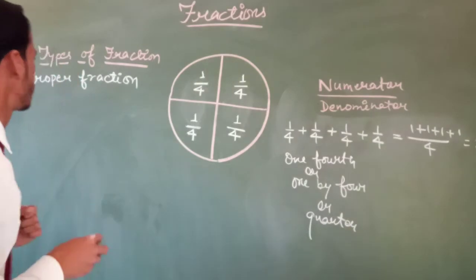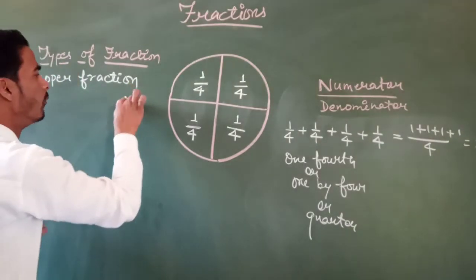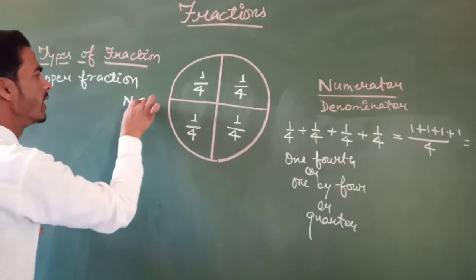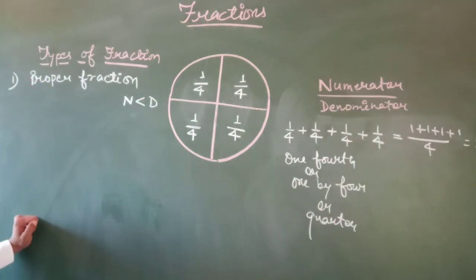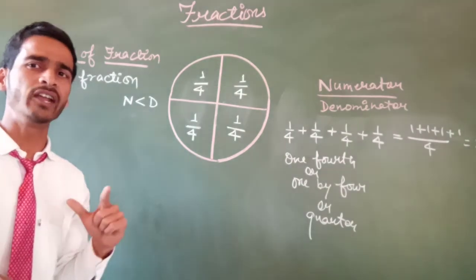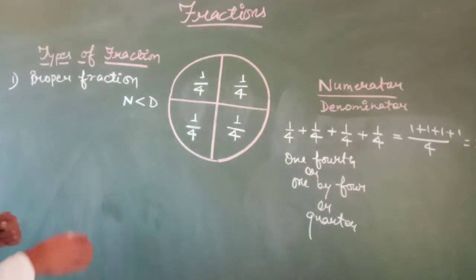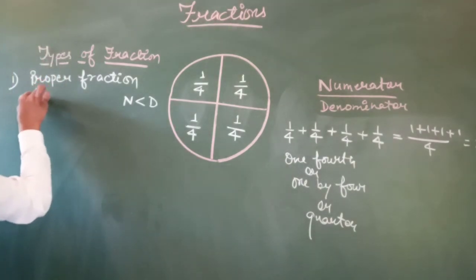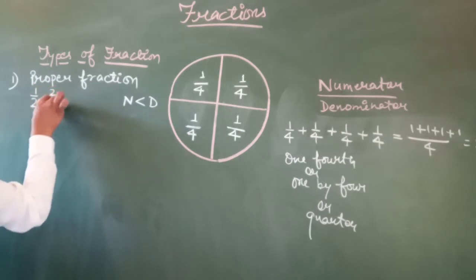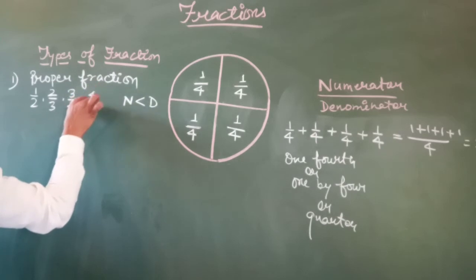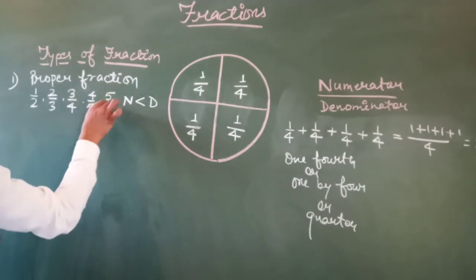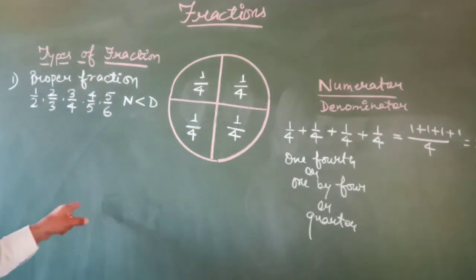When the numerator is smaller than the denominator, this fraction is called proper fraction, as like 1 by 2, 2 by 3, 3 by 4, 4 by 5, 5 by 6. These are proper fractions.